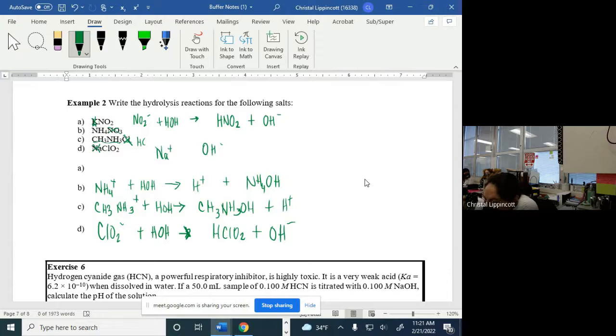But remember, your weak acids and weak bases, so these are weak bases, these are weak acids, they are going to stay together, because their Ka values are less than 1. So they tend to stick together. So you're still going to have a little bit of OH in there and a little bit of H plus generated from this reaction, because these are grabbing a hold of that and forming either a weak base or a weak acid.